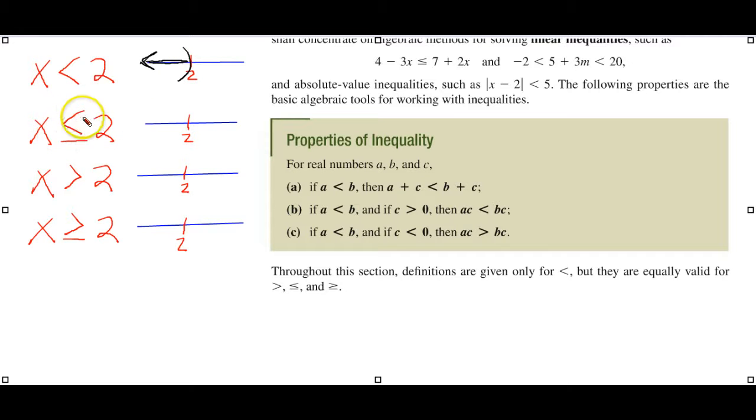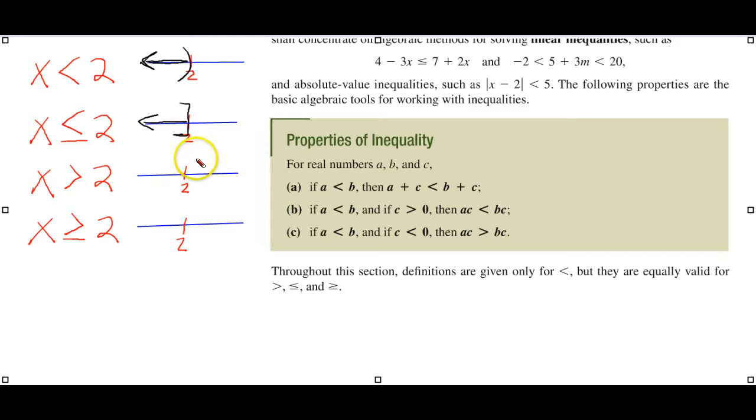For this next one, x is less than or equal to 2. Now 2 is included in the set. When a number is included, we use a bracket. And this part is the same. It's coming from negative infinity going up to 2, but 2 is included in the set. X is now greater than 2.